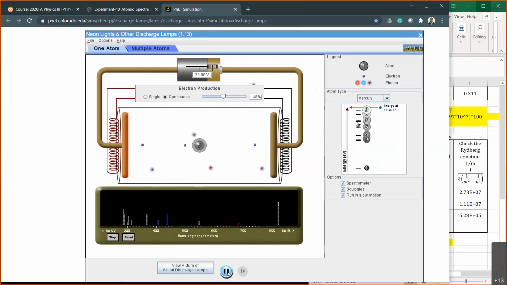Very difficult to see that. That's the yellow, actually.